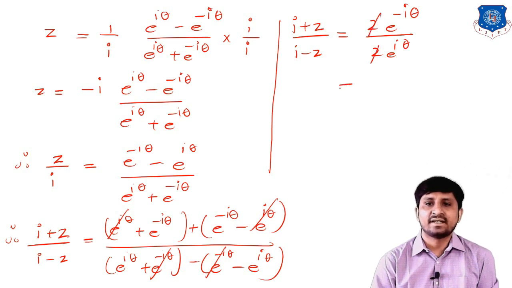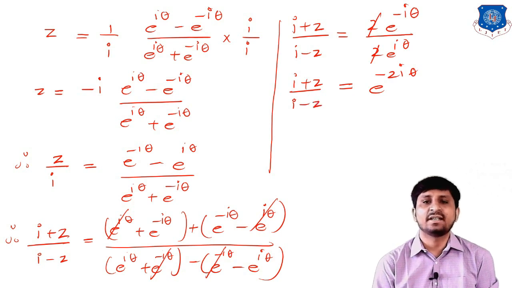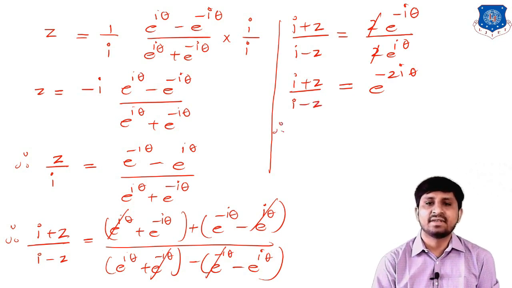So finally, on the right hand side we have e raised to minus 2i theta, and on the left hand side i plus z upon i minus z. Now taking log on both sides, we get log of i plus z upon i minus z on the left hand side, and minus 2i theta on the right hand side.